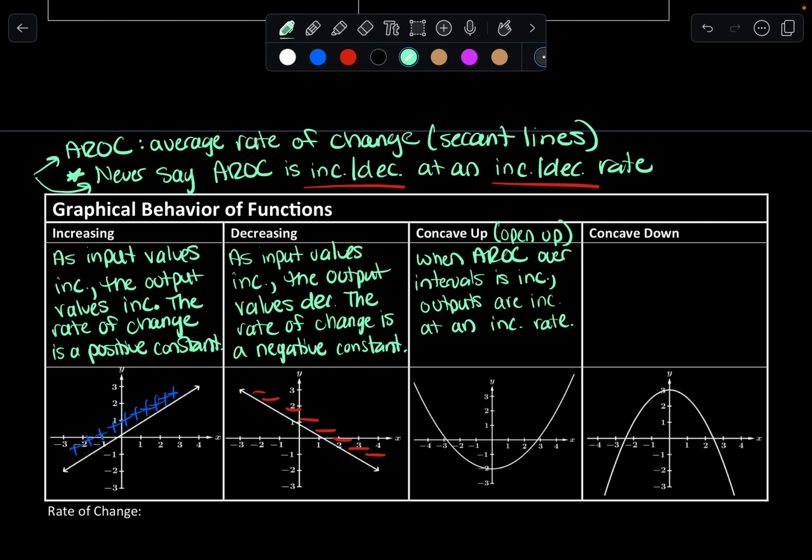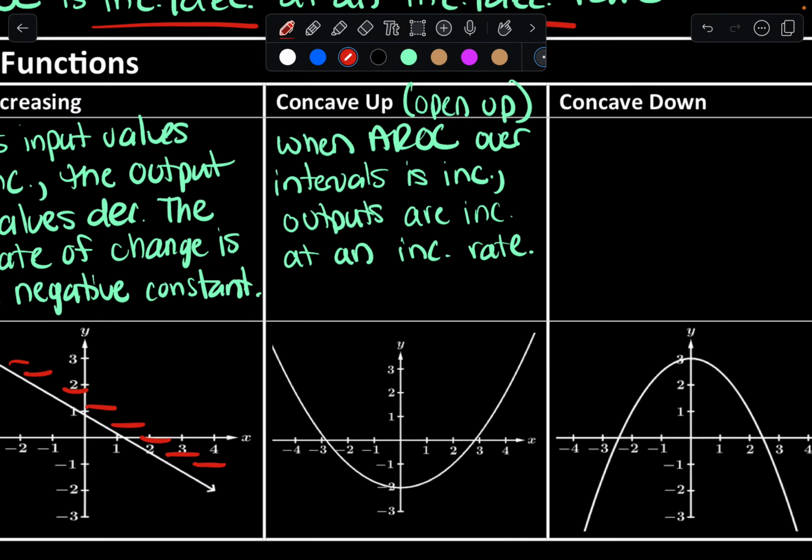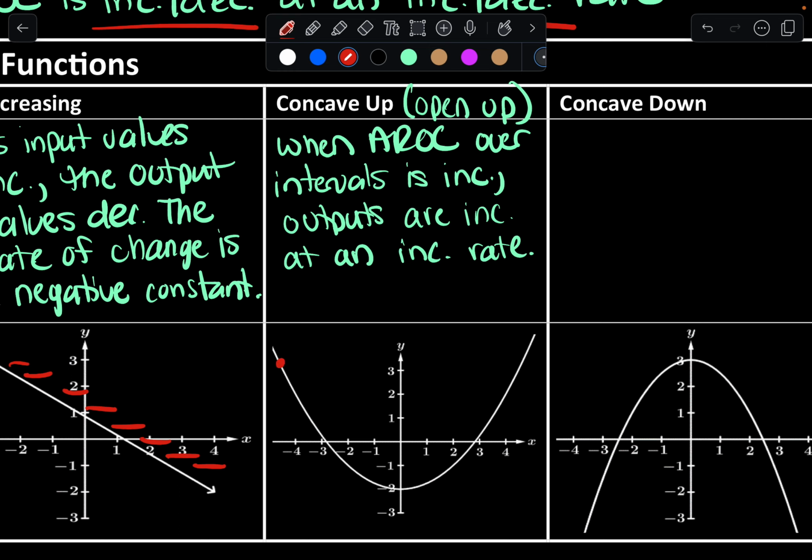So if I choose different points on this parabola here, let's start right here. At this particular point, the slope is negative, okay? But if we use average rate of change, let's choose 2 points. So the secant line here is negative, okay? If I keep going, I have another negative slope.